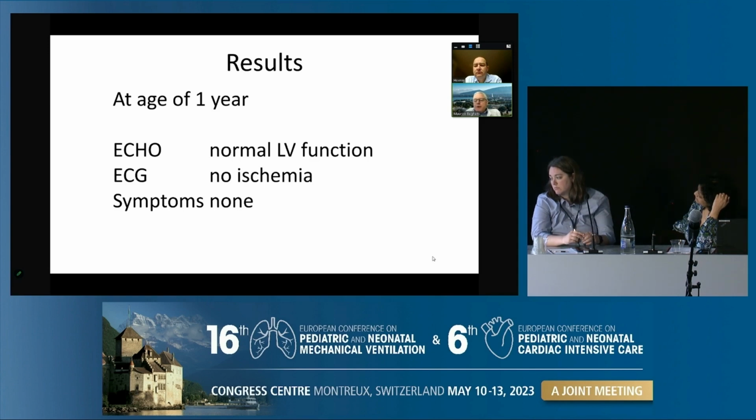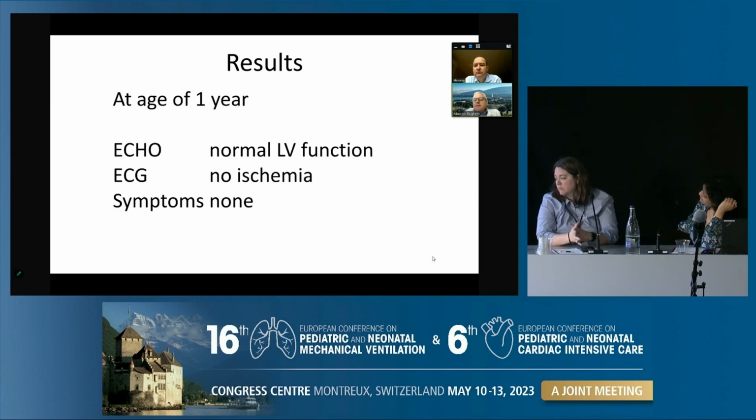I clearly prefer a surgical approach in this kind of anomalies in very young patients. I'm not sure that intervention in coronary arteries of newborns is really the good approach.